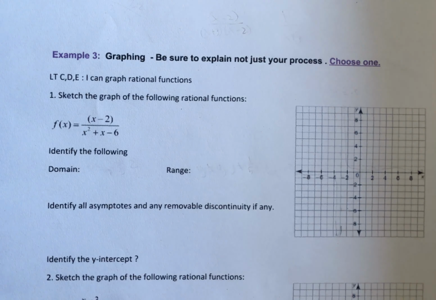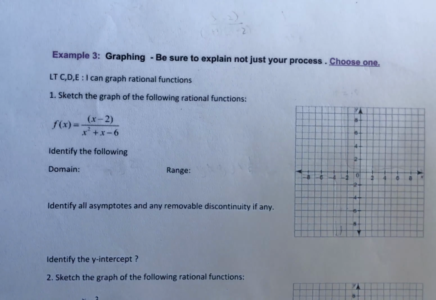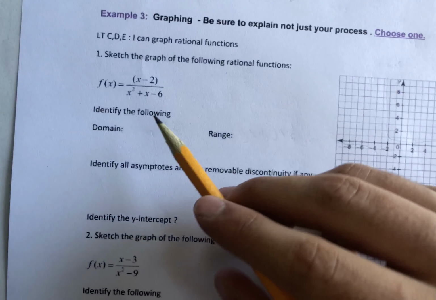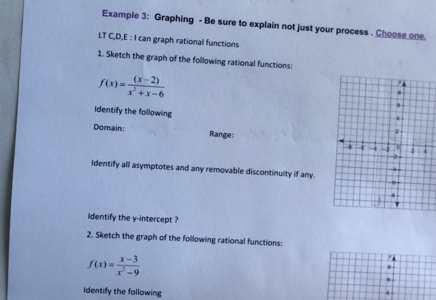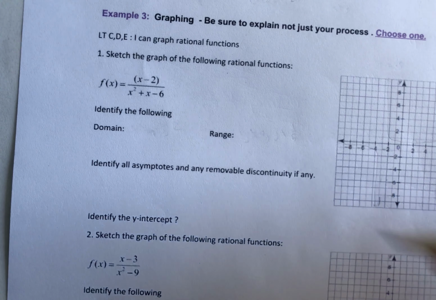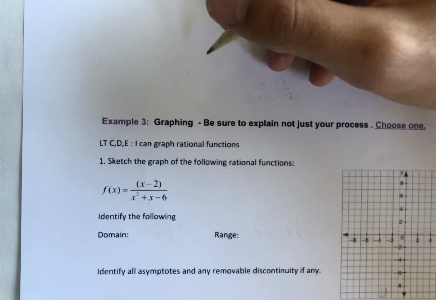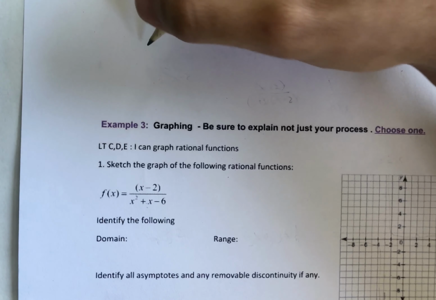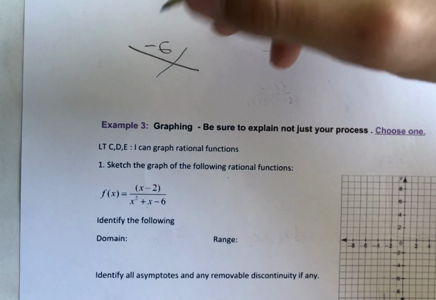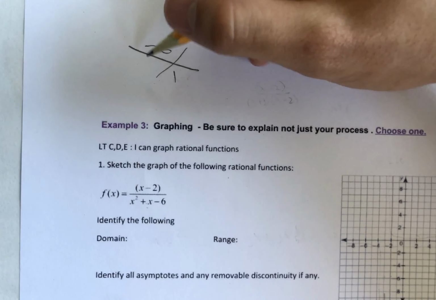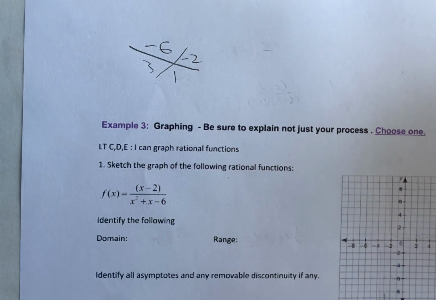We'll next be able to see how we can graph rational functions. What we want to do here is first find out its domain. And the way we do that is we factor out the bottom right here. So let's have space up here. Factored out with negative 6 and 1, that would be 3 and negative 2.